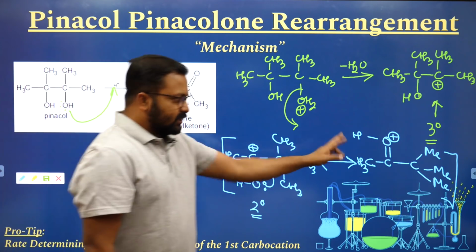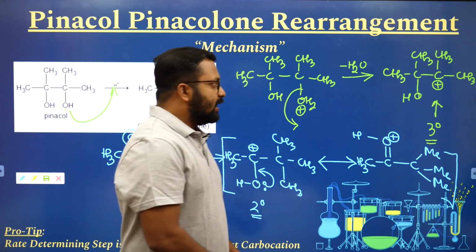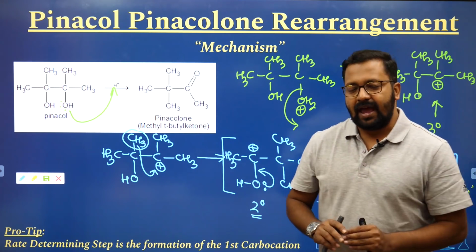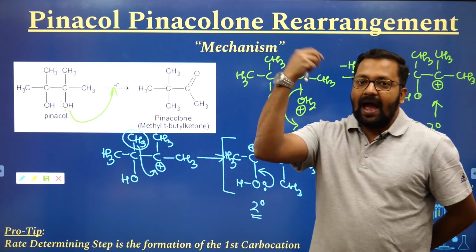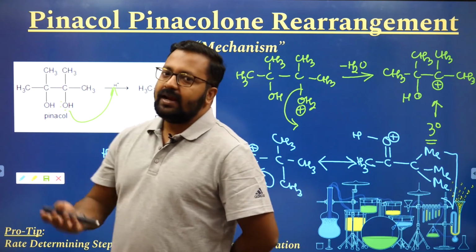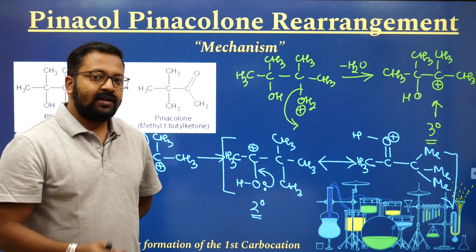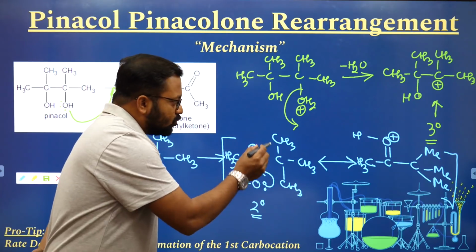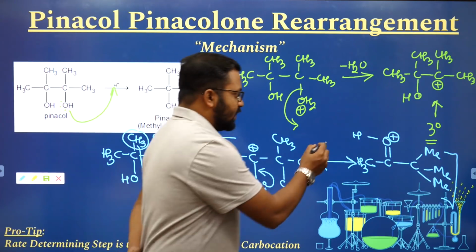So after this is formed, what would happen is, हमने क्या सीखा था पहले, that if there is an acid catalyzed reaction, then you add H plus in the start of the reaction to catalyze it, and to make it work as a catalyst, you have to remove H plus at the end of the reaction. तो आप H plus को remove करते हैं. आप H plus कैसे remove करोगे?